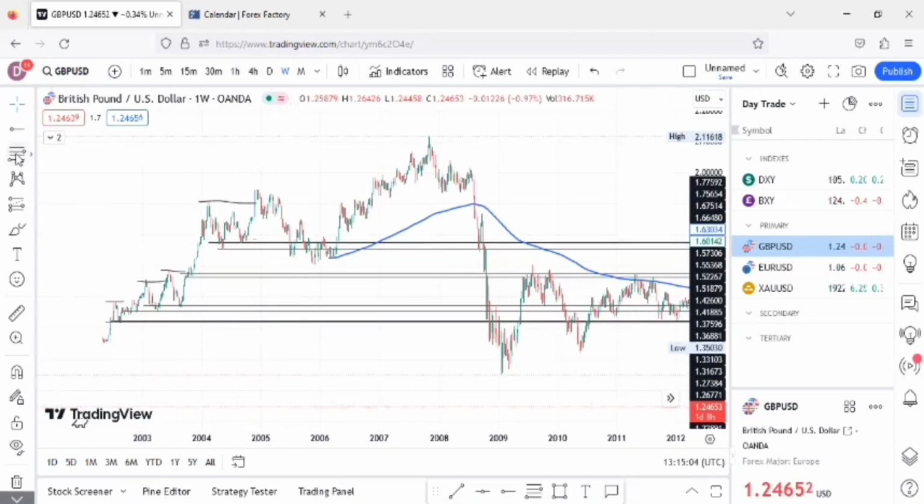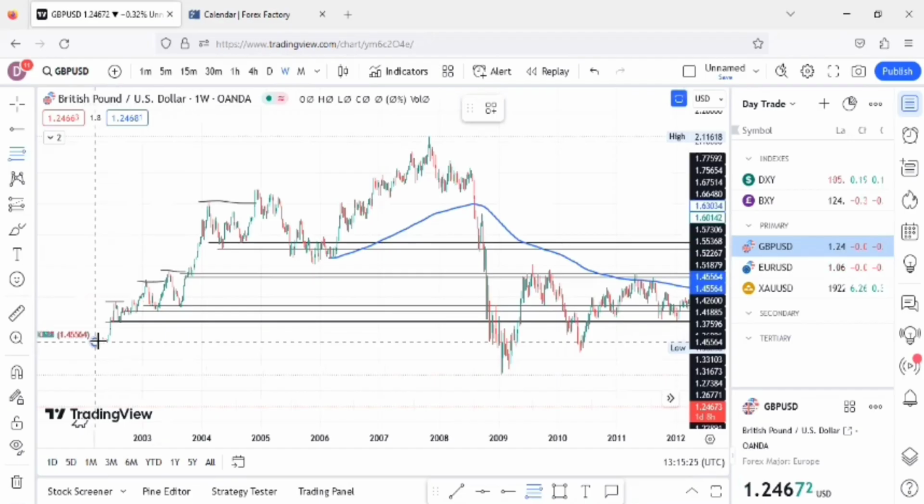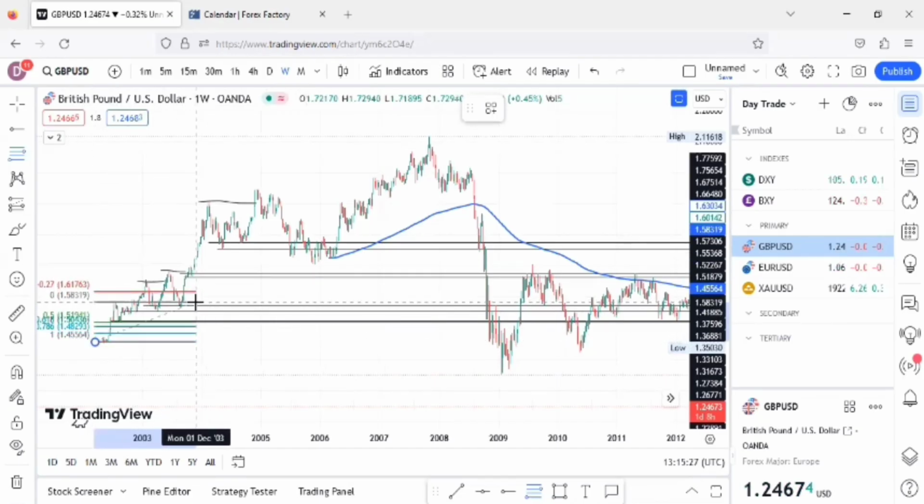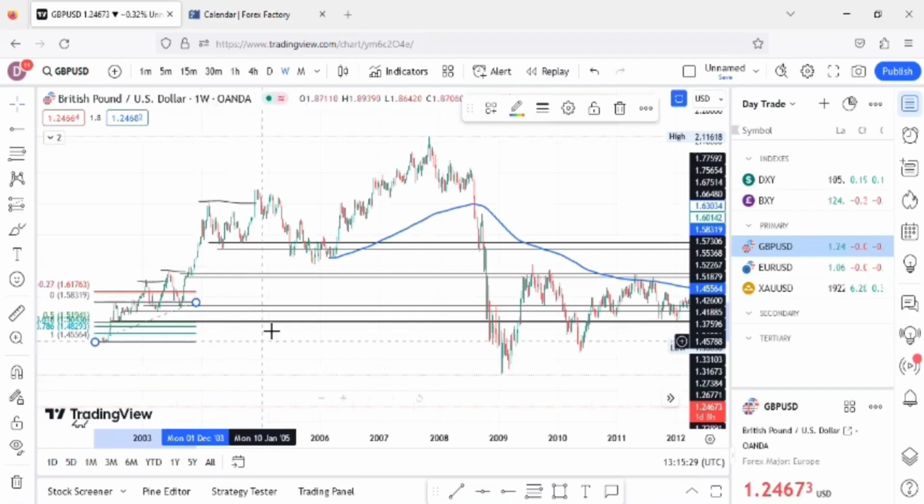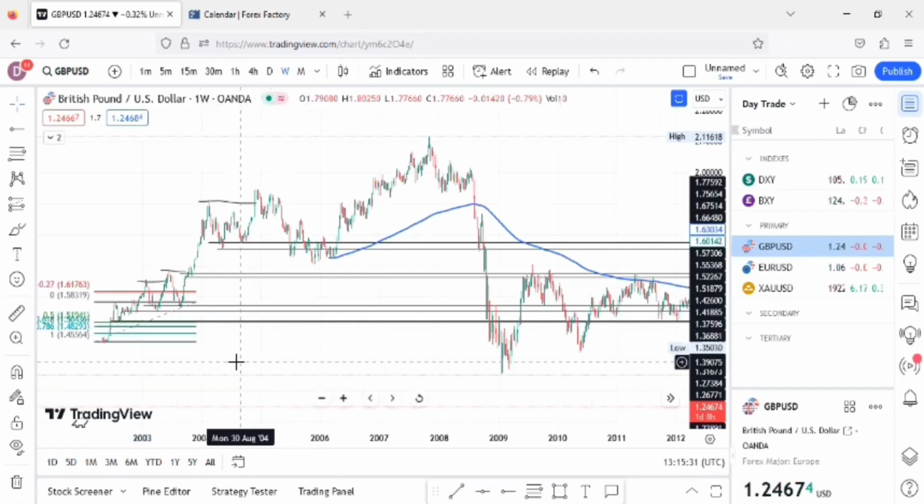So now, if I pick my Fibonacci tool to confirm this level, you draw it from a previous low to a previous high, to confirm the levels in between them. For example, if I draw my Fib from this level to this level, what do you see?